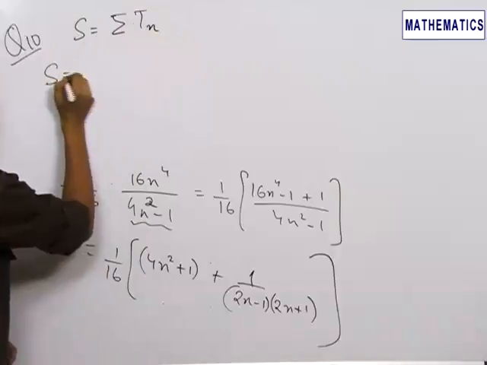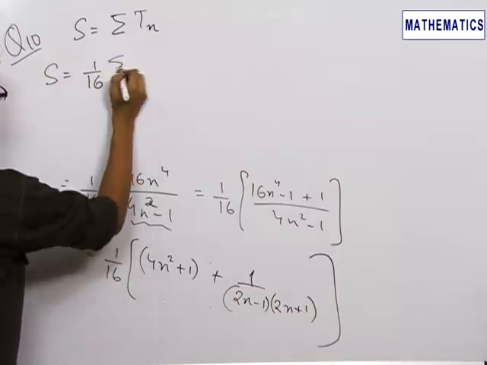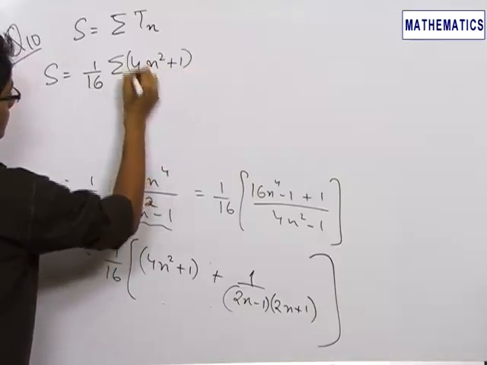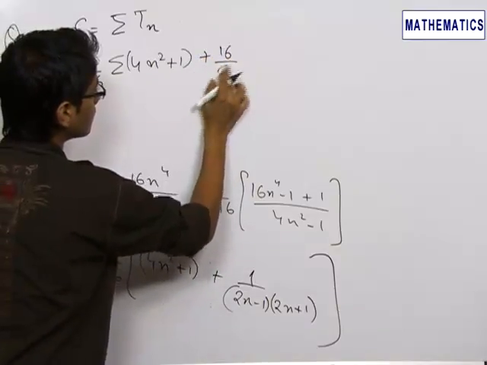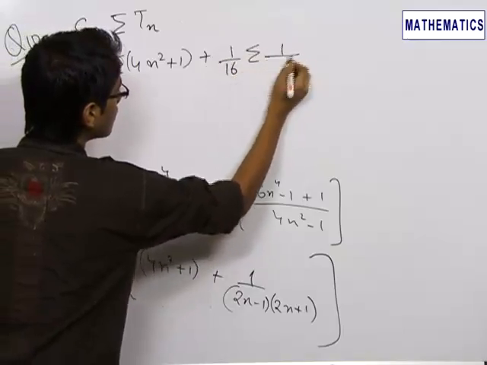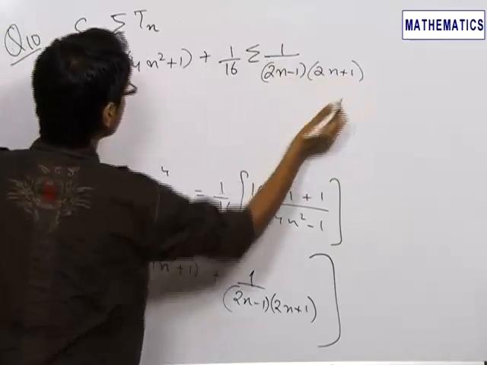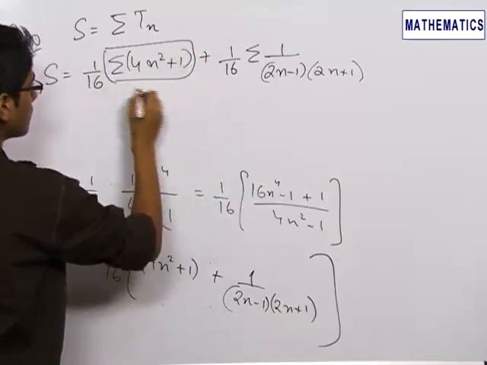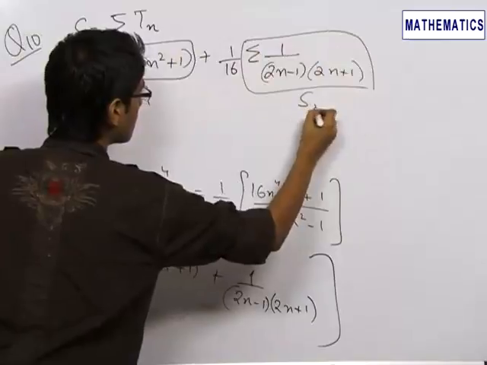In order to find S, we just need to get the sum as 1 by 16 times sigma of (4n square plus 1) plus 1 by 16 times sigma of 1 upon (2n minus 1)(2n plus 1). Now let us call this as S1 and this as S2.